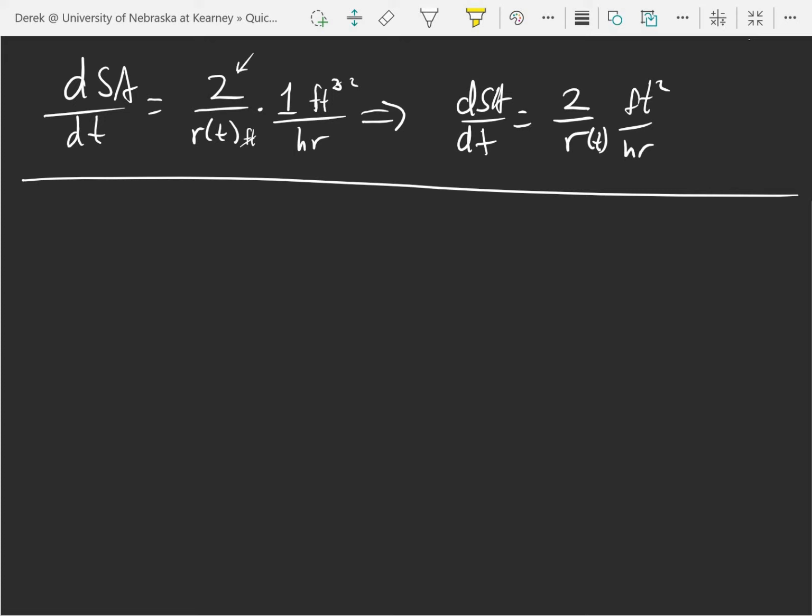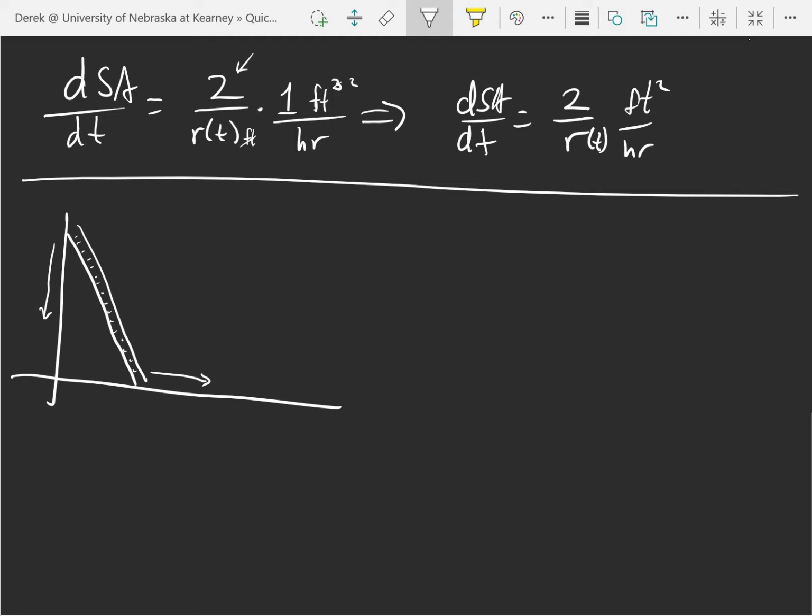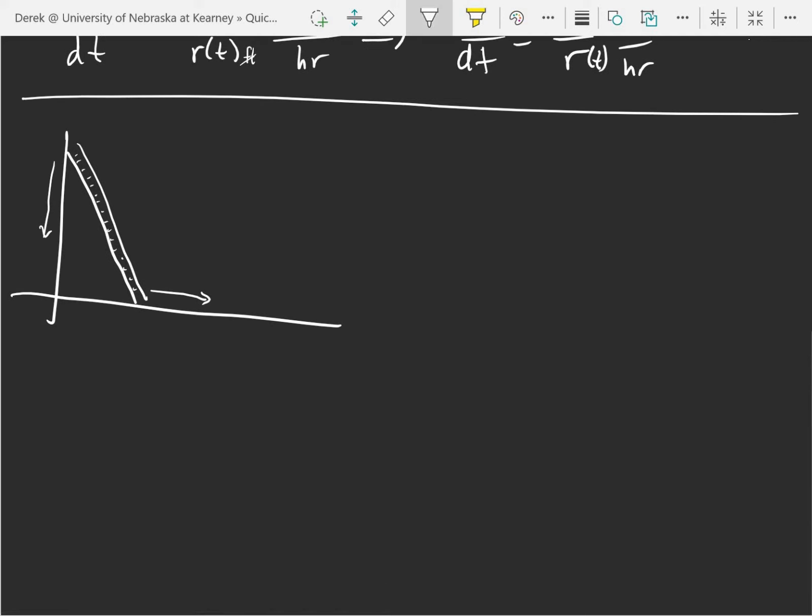And let's say we have sort of a common one in a lot of calc books: a ladder hanging on a wall, and for some reason the bottom is sliding out and we want to know how fast the top is falling down the wall. Right? Okay, so let's say that this is a ladder and it's at an angle of theta.